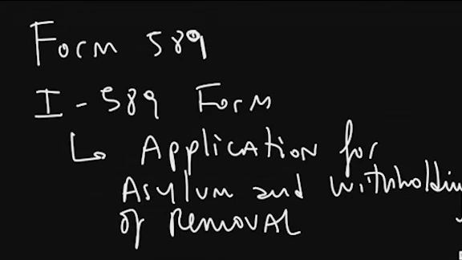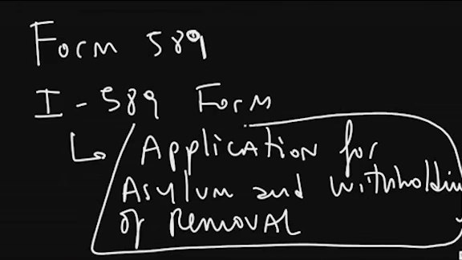So when you hear Form 589, you can transfer it into your target language as Form 589. But if you have the time, because the speed is not fast, then it's better to translate that as application for asylum and withholding of removal.